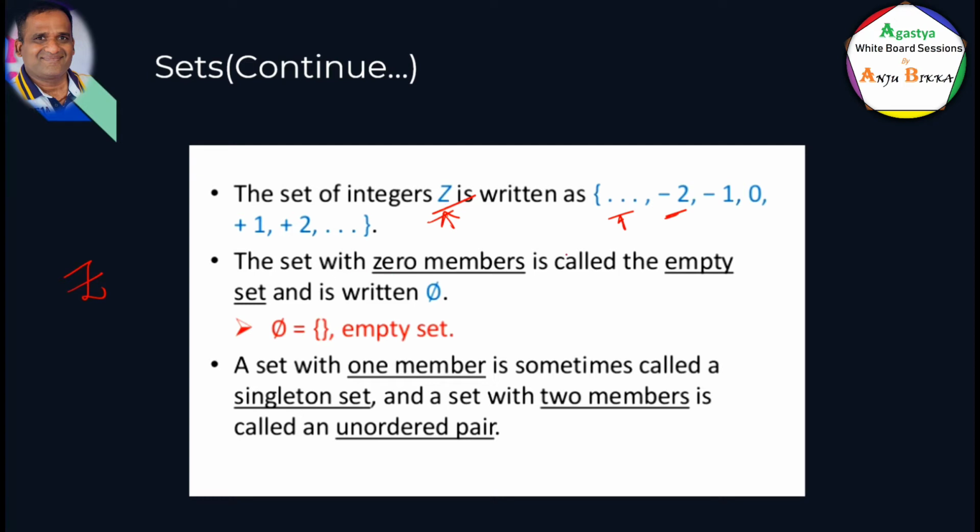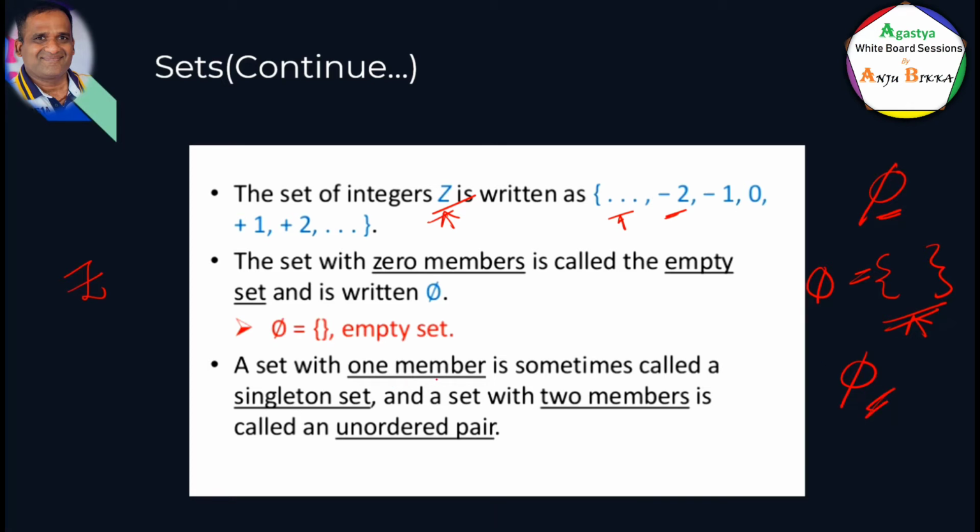The set with zero elements is called the empty set, and it is written as the empty set symbol. If you want to define it in formal notation, you can define it like that. If you see this written somewhere, then it is an empty set.